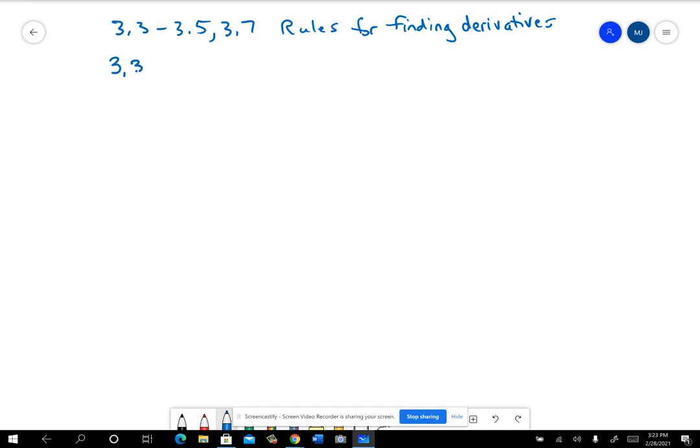So these are some rules that we can use rather than using the definition of a derivative, which involves the difference quotient. Okay, so 3.3 really gets at some of the basics.